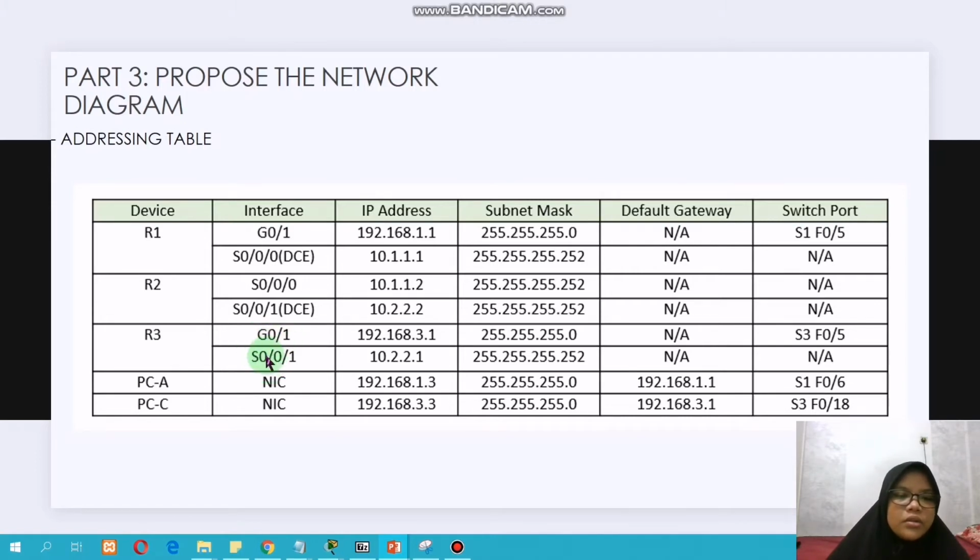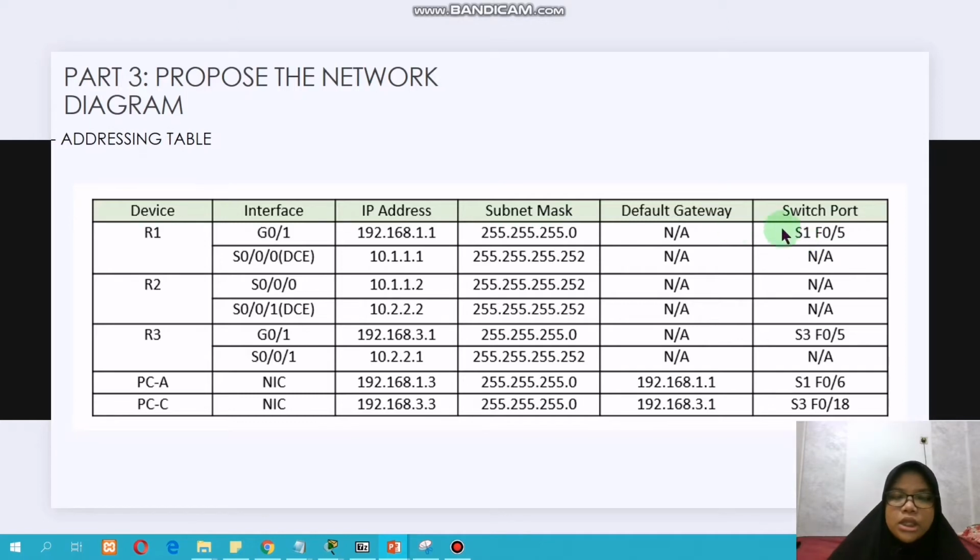The IP address for router G0/1 is 192.168.1.1, subnet mask 255.255.255.0.